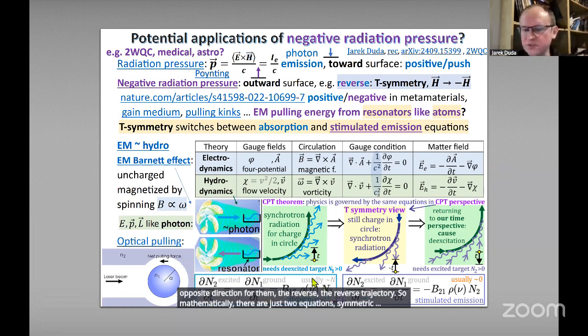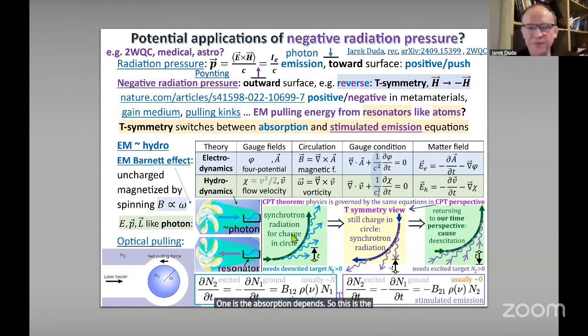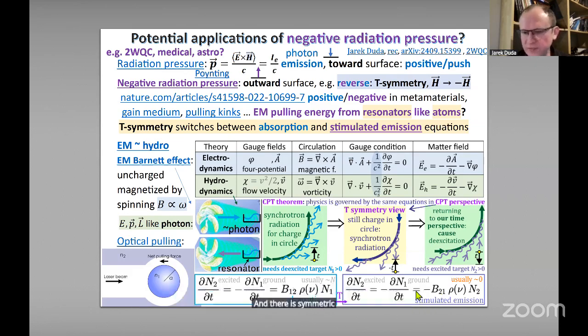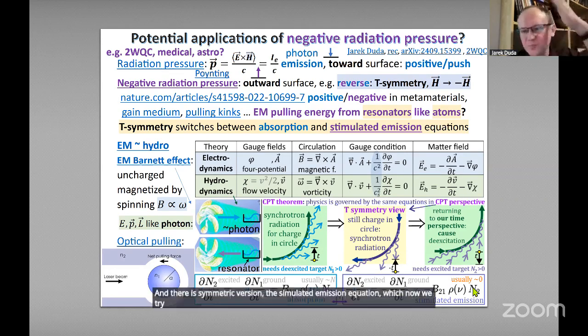Mathematically, there are these two symmetric equations. One is the absorption, the basic causality, trying to excite the target. It depends on the number of ground state atoms, and there is a symmetric version, the stimulated emission equation, where we try to de-excite atoms. Now it depends on N2, the number of excited atoms.